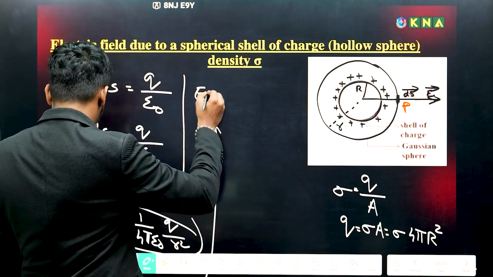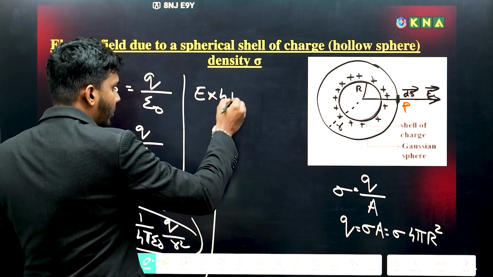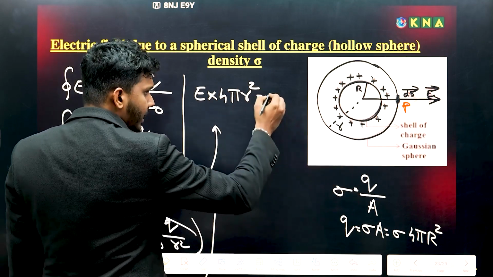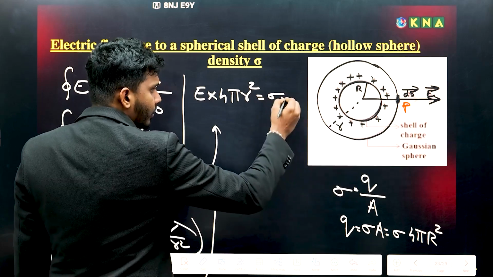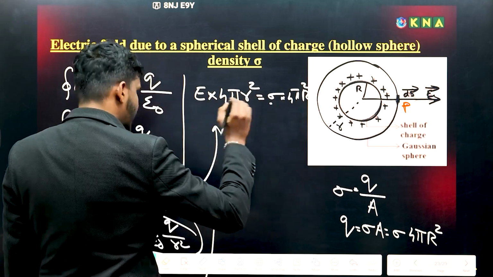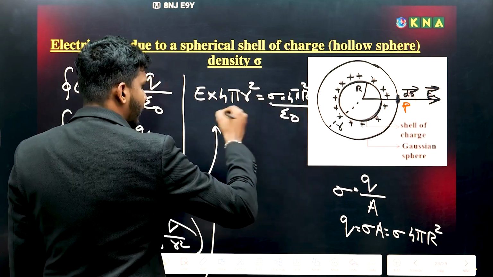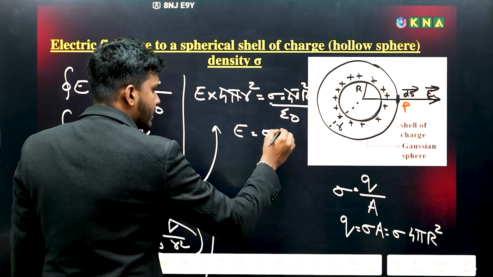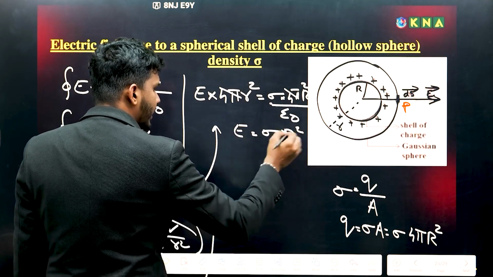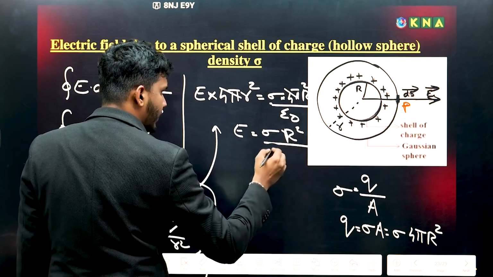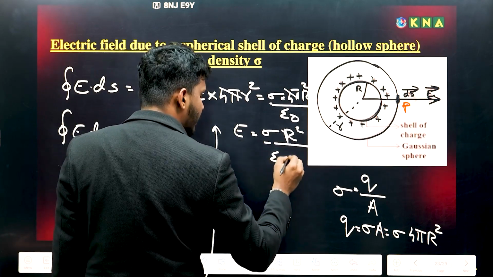So E into 4 pi into small r square is equal to Q, which is sigma into 4 pi into capital R square, divided by epsilon naught. The 4 pi cancels. E is equal to sigma R square by epsilon naught r square.